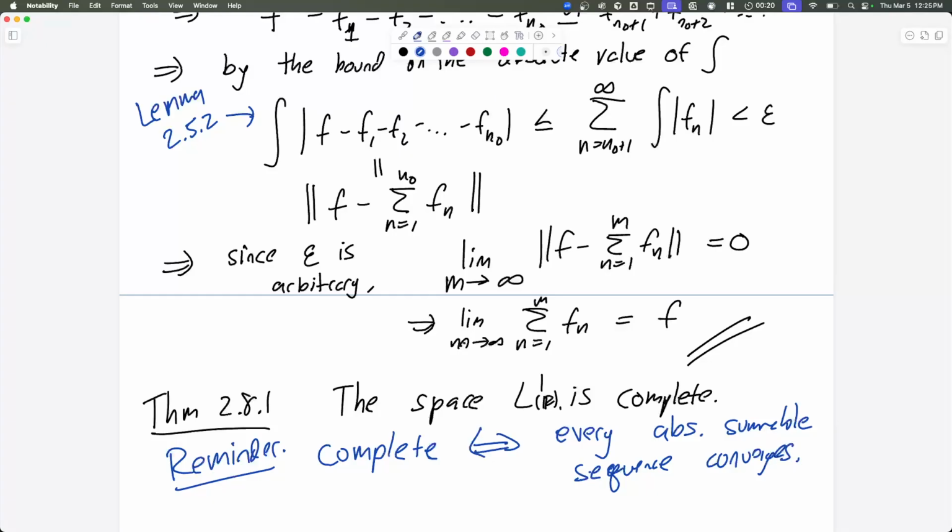And the theorem we just proved is basically saying, okay, as long as you have condition A, which is the absolute summability, you will converge. And so it's going to be like a rearrangement of that theorem.